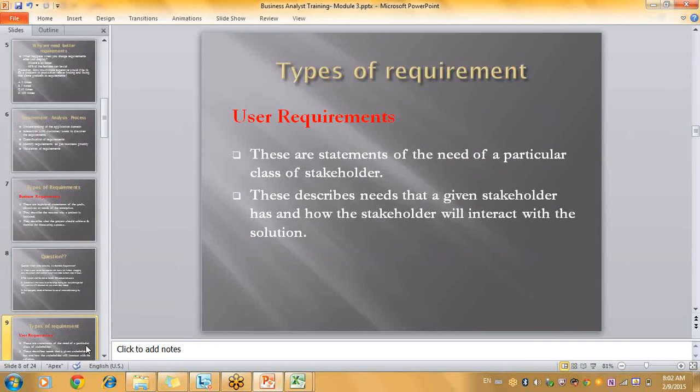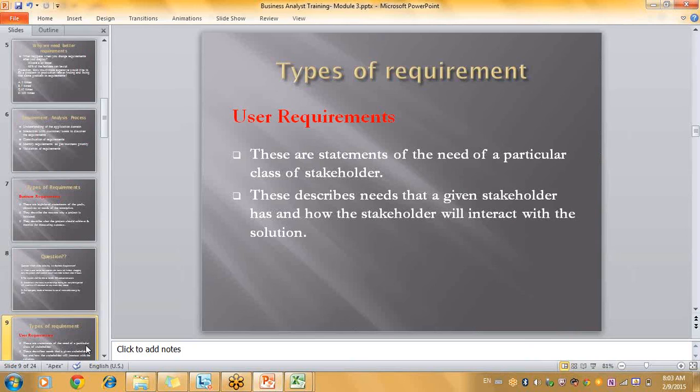Moving next is the user requirement. These are the statements of the needs of a particular class of stakeholder. This describes the needs that a given stakeholder has and how they will interact with the solution. Now, for user requirements, we will be thinking from a user perspective, right?